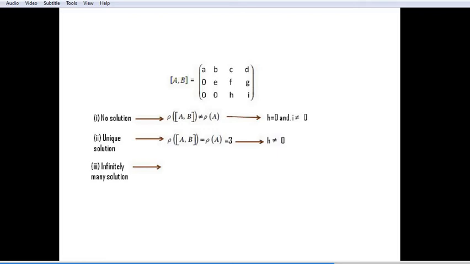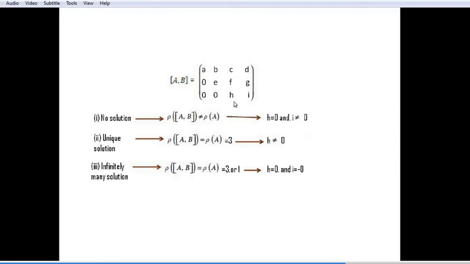Then for infinitely many solutions, both the ranks of AB and A should be equal, and it should be equal to 1 or 2. Mistakenly here it is written 3, so it is 2 or 1. For that, H should be equal to 0 and I should be equal to 0.